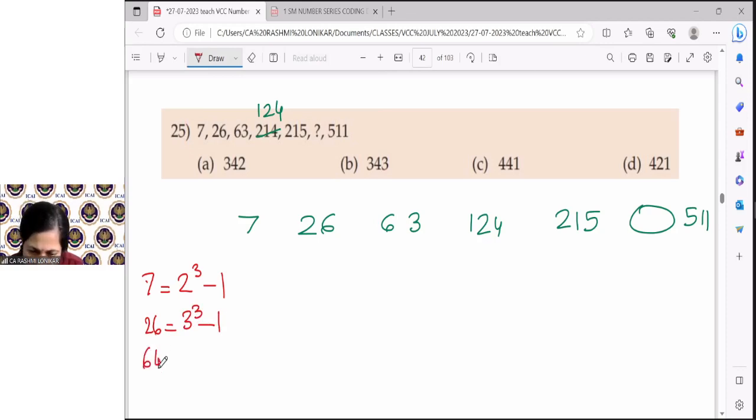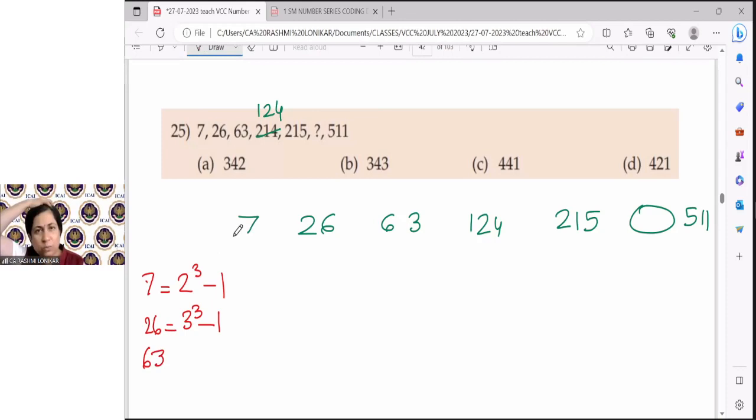Now 64. 63. Okay. Earlier, I had thought that it will be something related to square. But 7 when I get, it is 8 minus 1. It is not 4 plus 3 because that also is not happening. 4 plus 3 is 7. But then 27 again, I am not able to get any square.